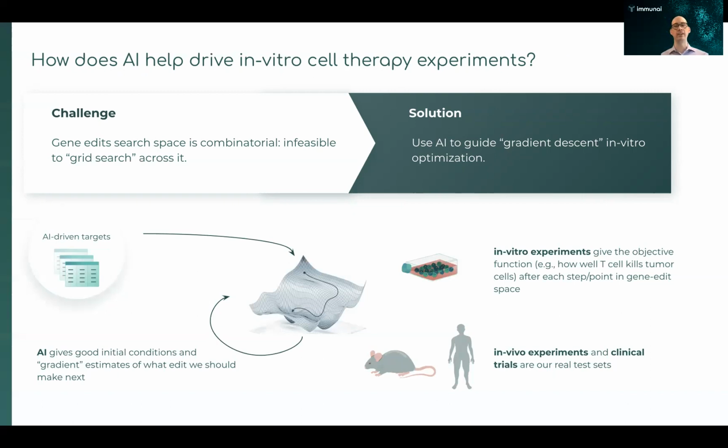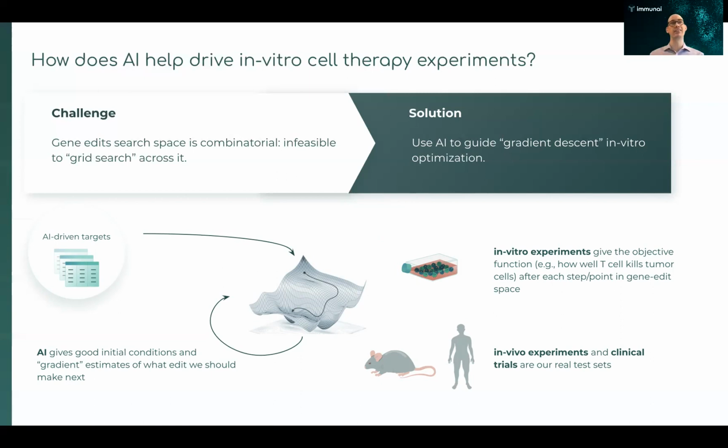Those give us the sense of how well, for example, after applying each one of these edits in turn, does a T cell kill tumors, right? And then we can go back to AI and say, okay, given what we just saw about how well each of these edits helps a T cell kill tumors, what's the next set of targets we should go after, right? That maybe hones in on a particular area that we want to focus on.